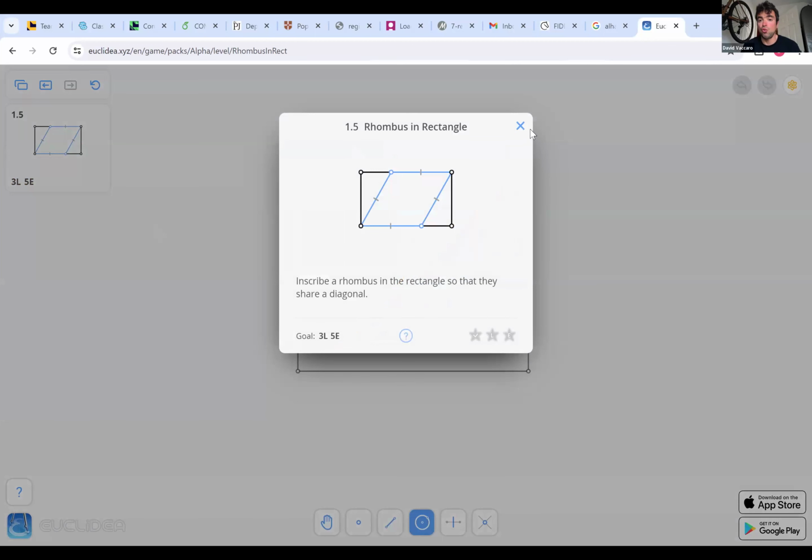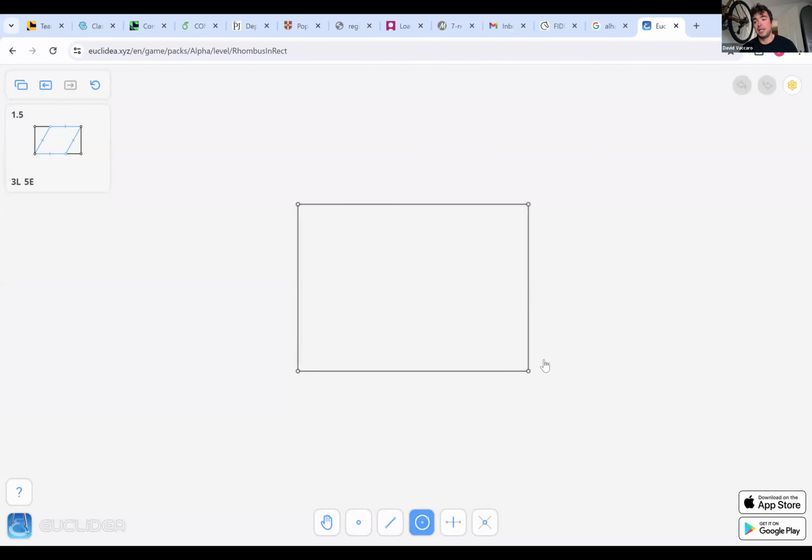This question, the rhombus in the rectangle, is on the sheet, so I won't spoil that here. Hopefully, you'll be inspired to go away and play Euclidea XYZ.